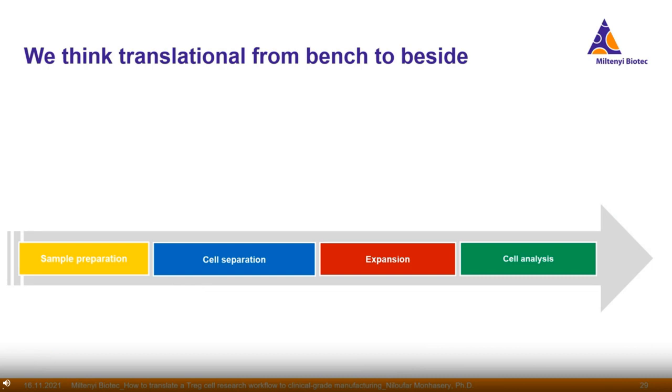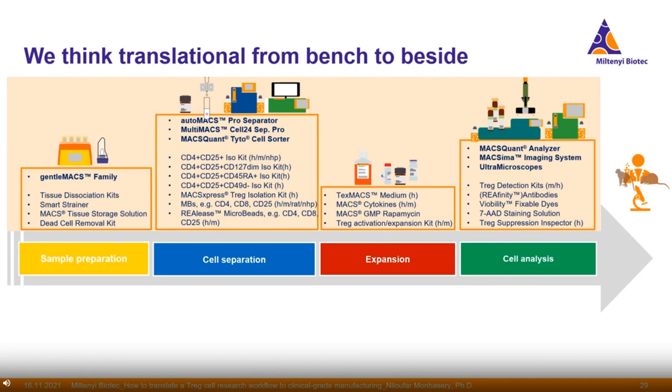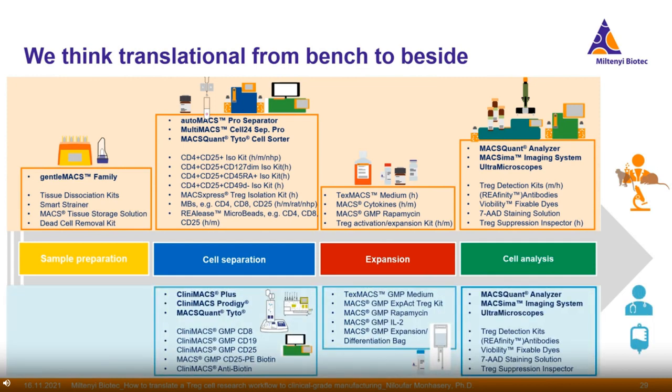I hope that you can remember this slide. As I've mentioned, we are a translational company and we have solutions for research studies and clinical studies. We already covered the research side, and I'm going to talk about cell analysis at the end. Then I want to start with clinical grade Treg manufacturing and our solutions for you. So let's start.